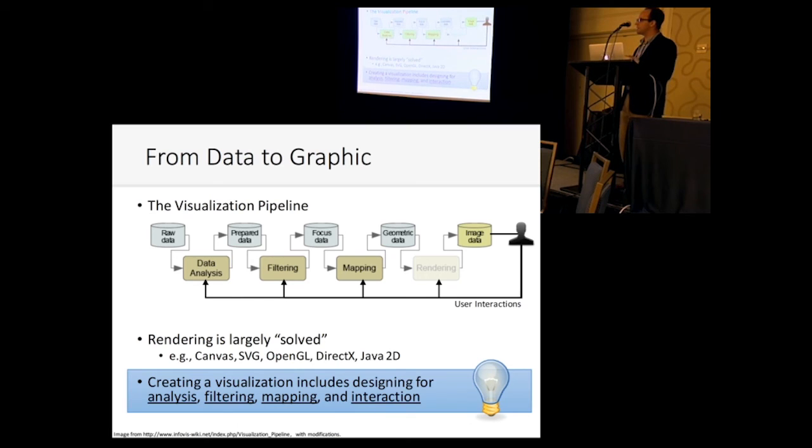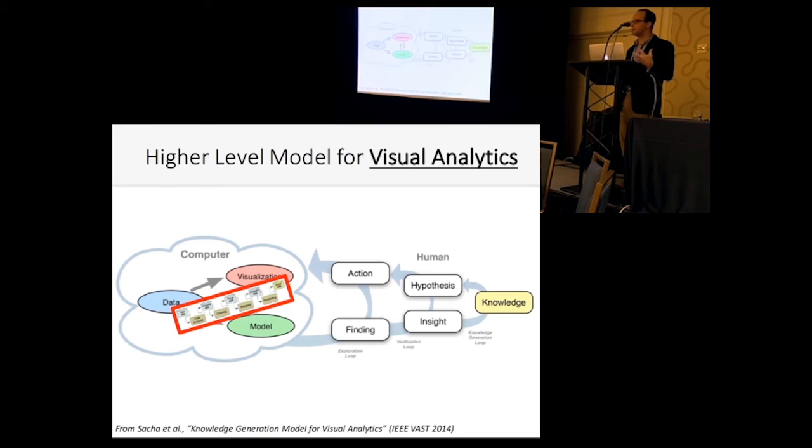Now this pipeline, as I mentioned, is the visualization pipeline. Visual analytics as a field is a bit broader than that. What we really want to combine is this notion of mapping our raw data to a visual representation with a larger picture of how people solve problems and more sophisticated underlying mathematical modeling techniques, things like machine learning and classification and data mining and regression and all sorts of other statistical tools.